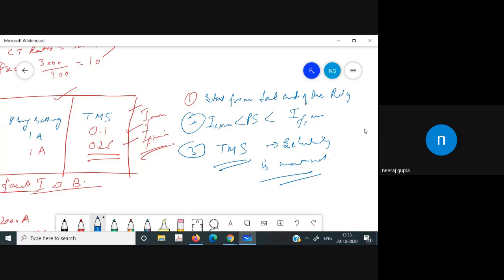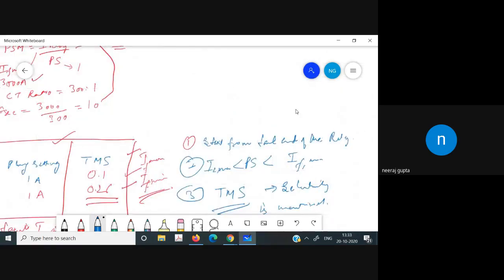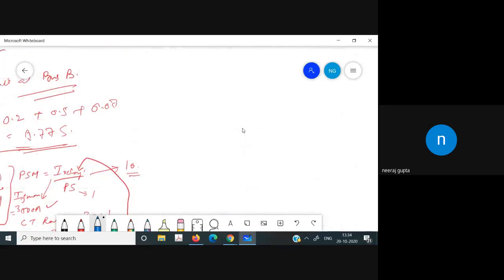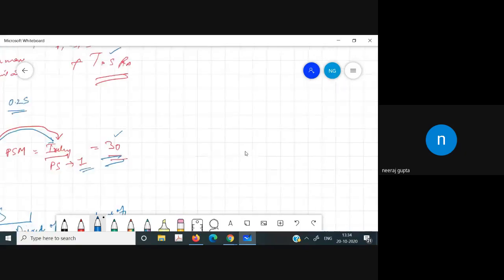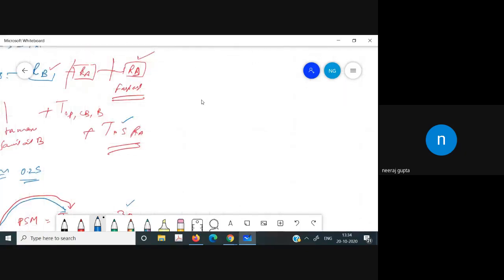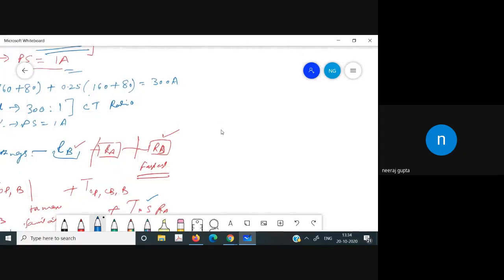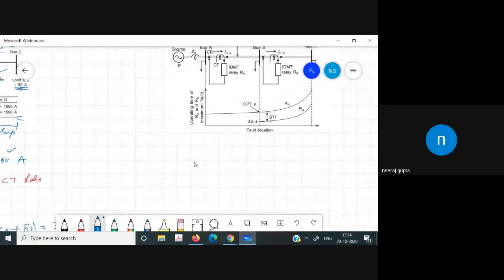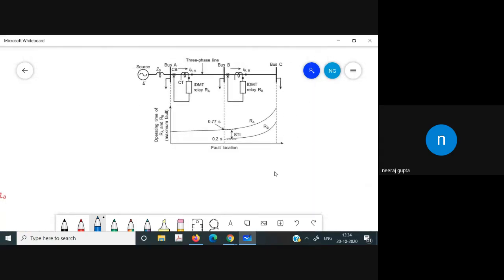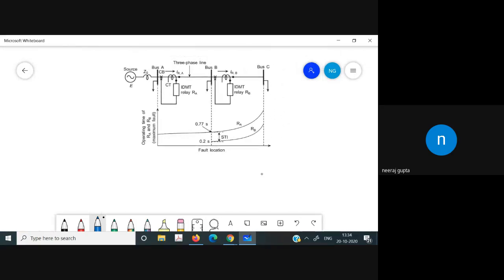Now, all of these results are summarized in one diagram.